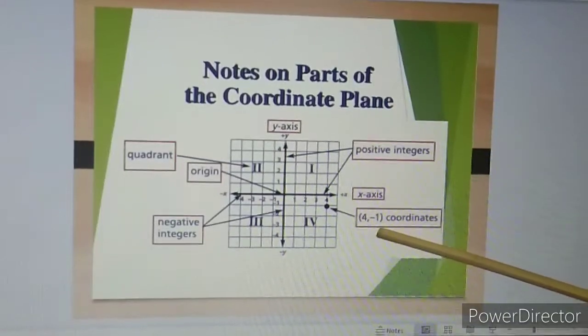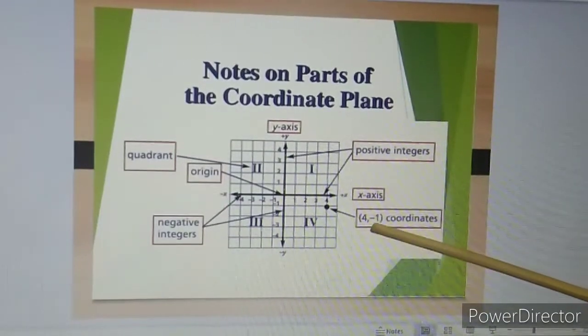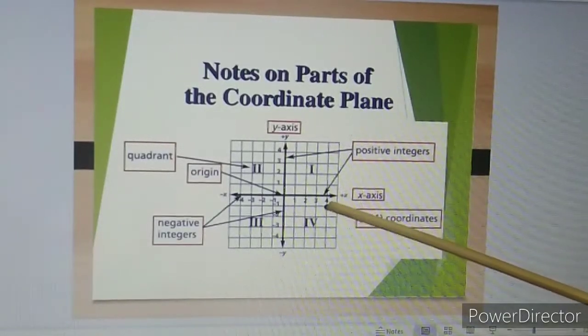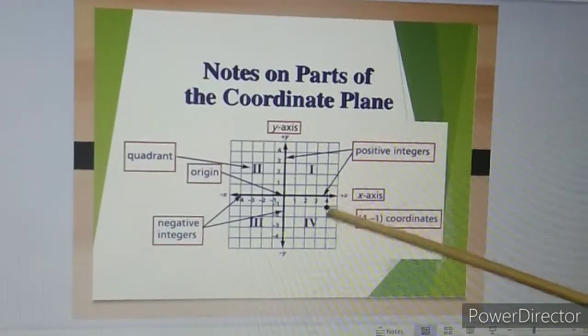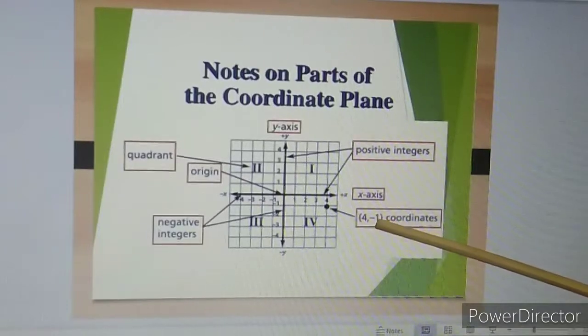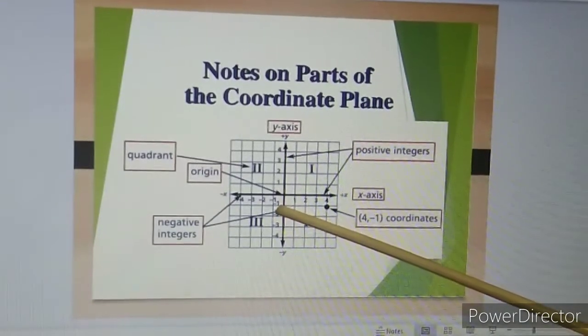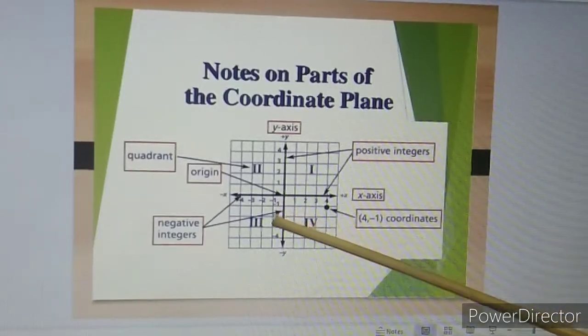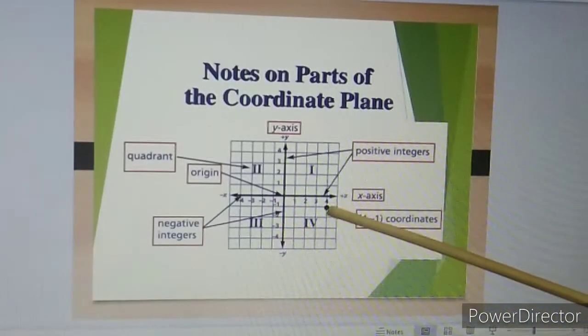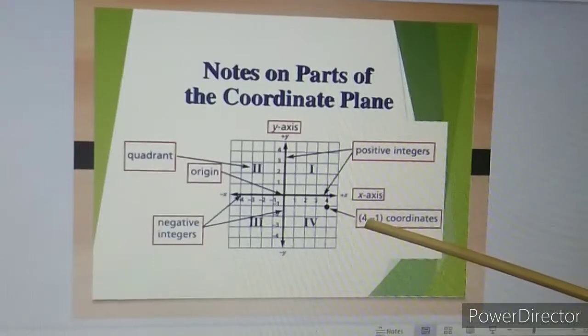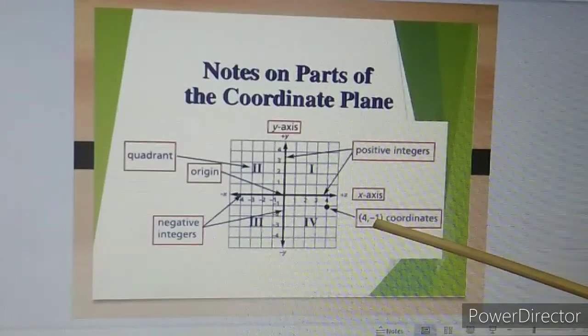In this example, we have 4, negative 1. 4 is the value of x in our x-axis, and negative 1 is the value in our y-axis. So this is the point that represents 4, negative 1.